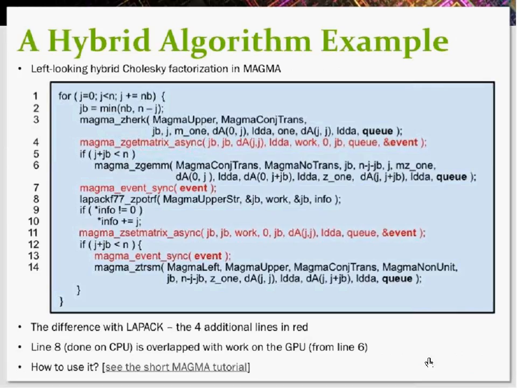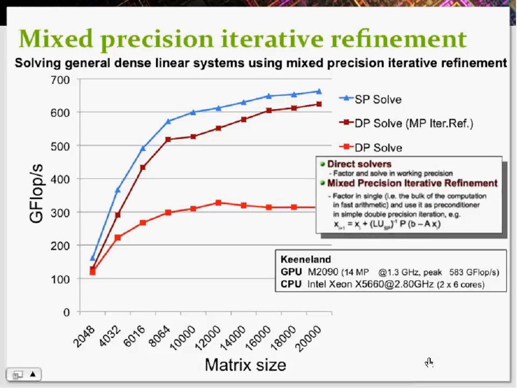Okay, so I will go back to methodology and go over some of the other algorithms that I mentioned. One type of algorithm is the so-called mixed precision refinement algorithms. In these algorithms, we use the fact that single precision is faster than double.